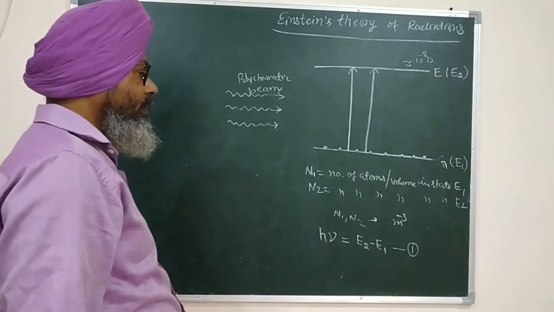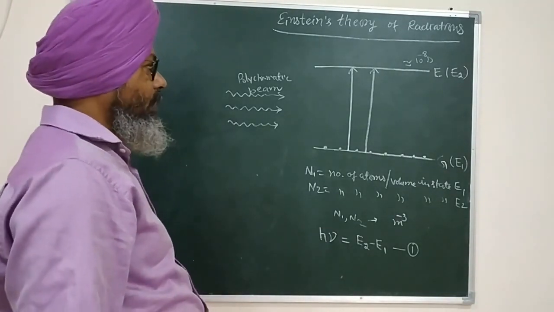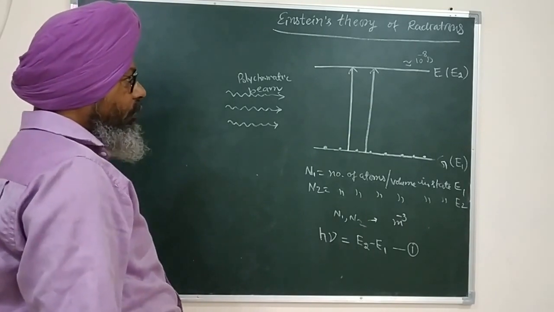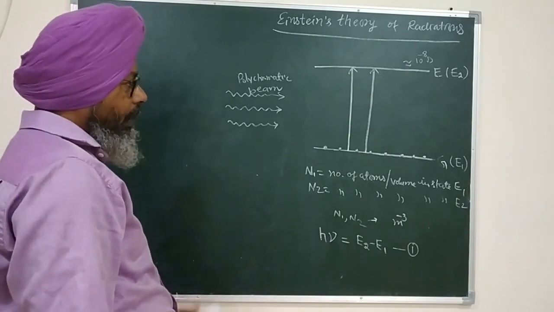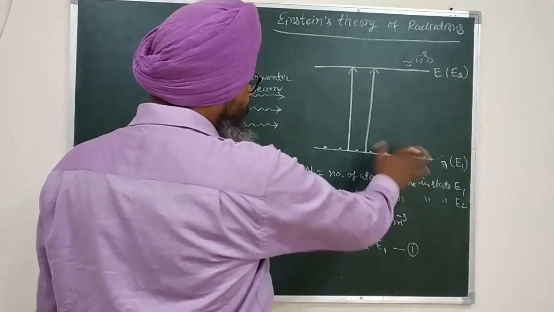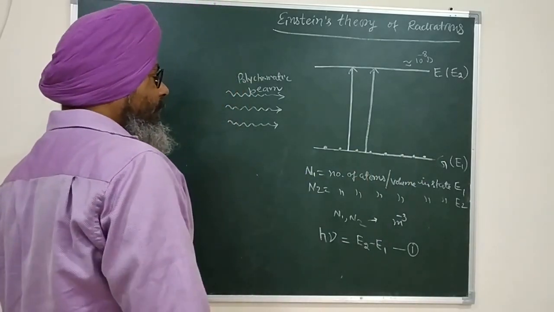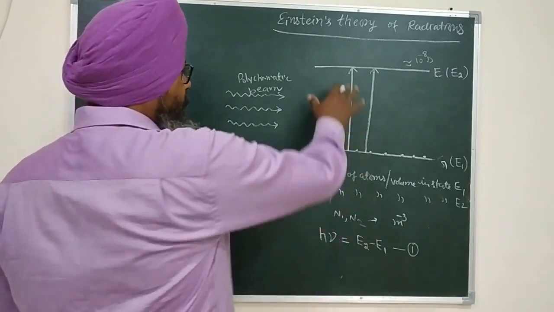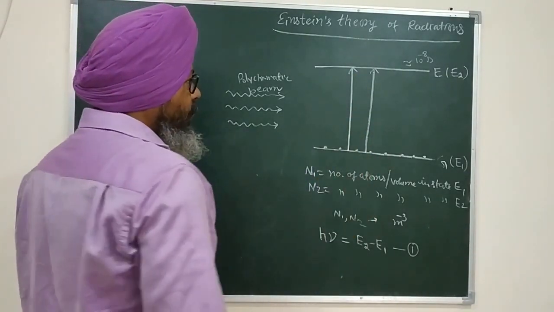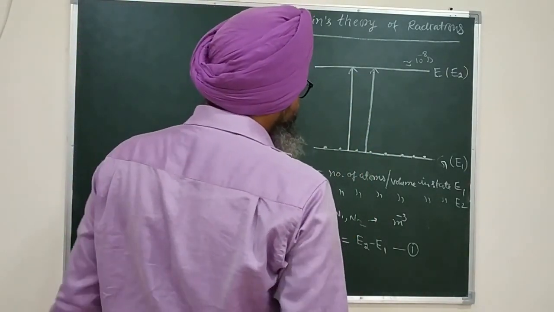After that, these electrons have to leave this state. When they leave, they will jump back to the ground state if there is no other intermediate state. I am assuming for the time being that there is no intermediate state between G and E.